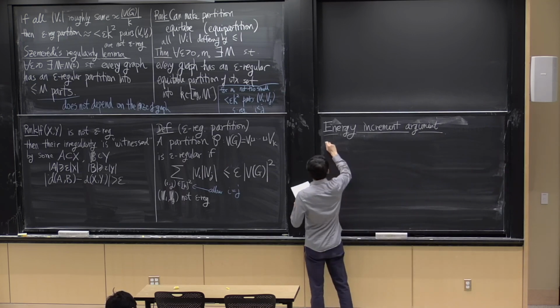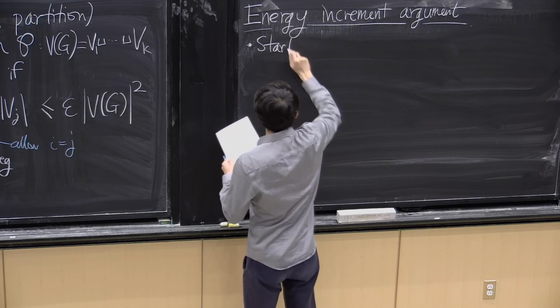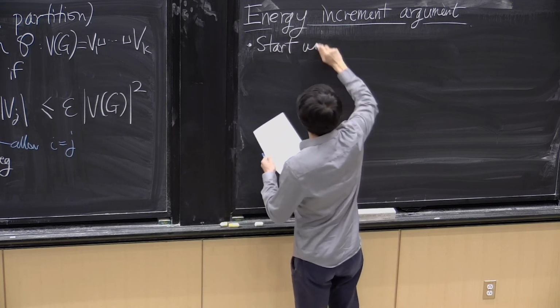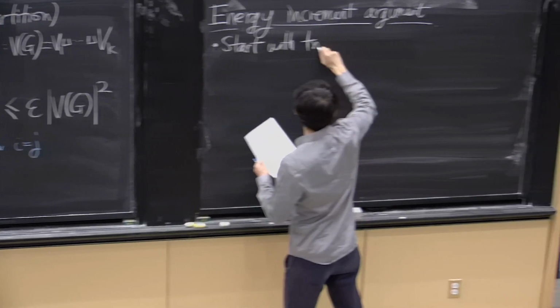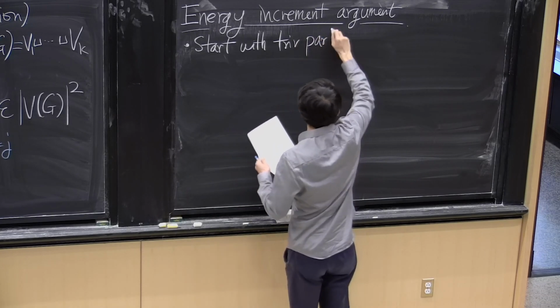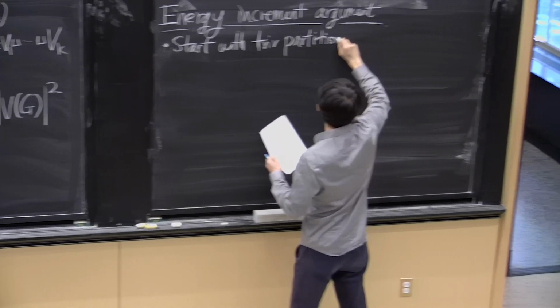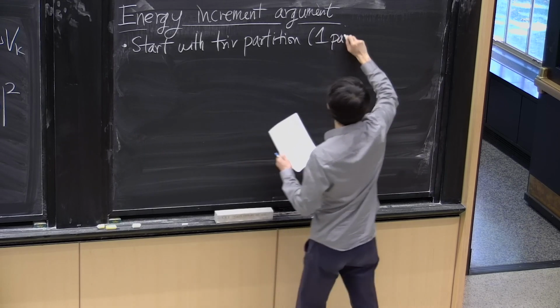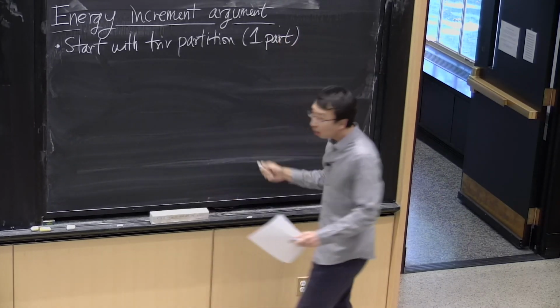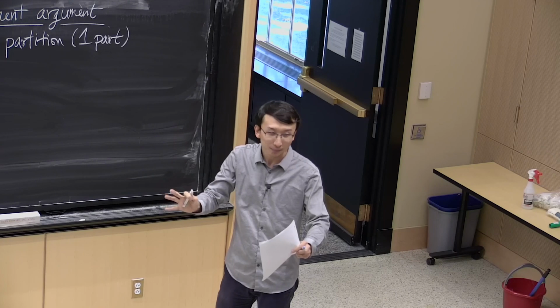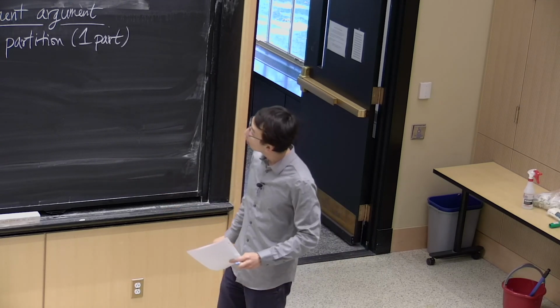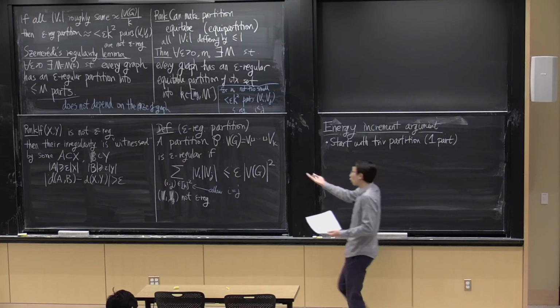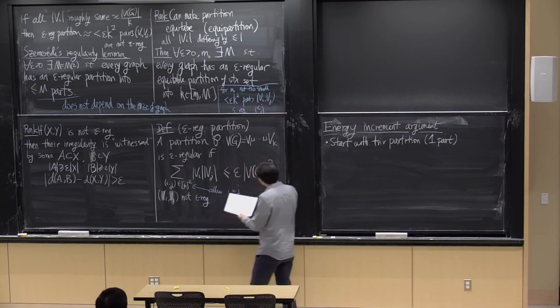We start with some partition, for example, the trivial partition. By that, I mean you only have one part. All the vertices are in one part. You're not doing anything to the vertex set. It's one gigantic part.